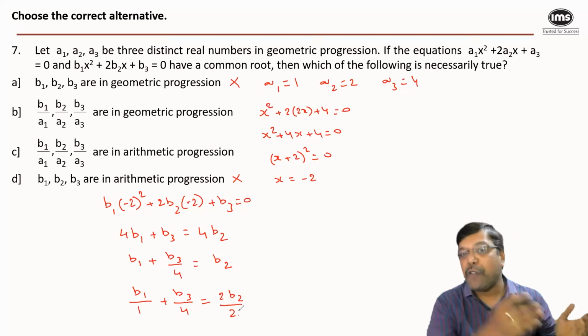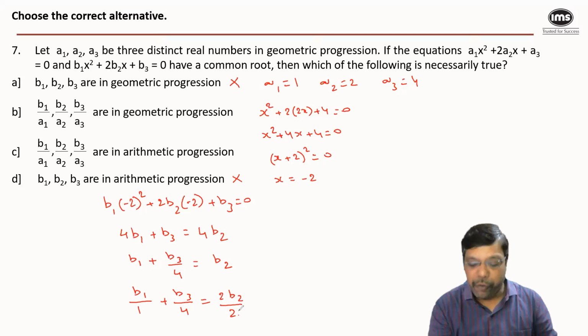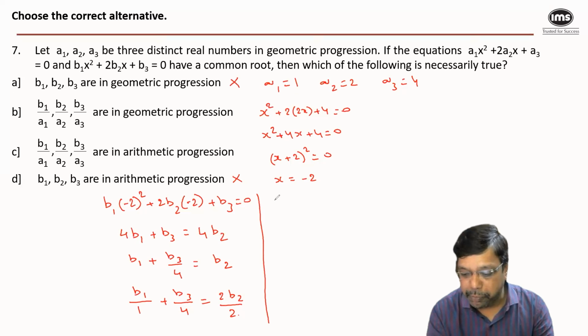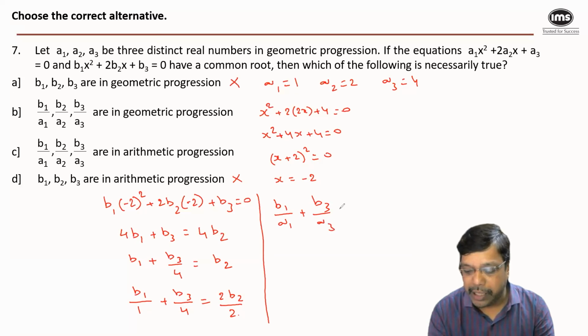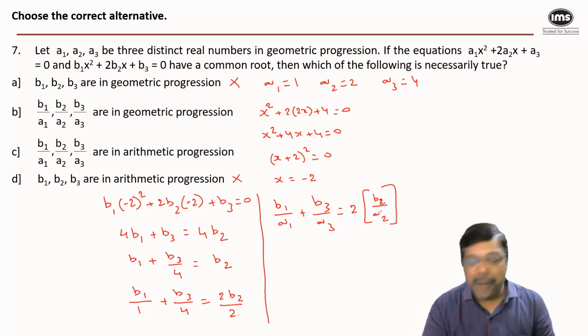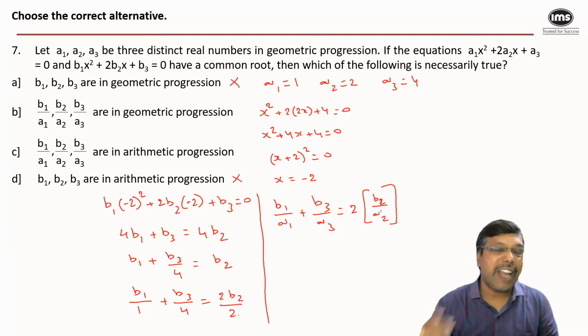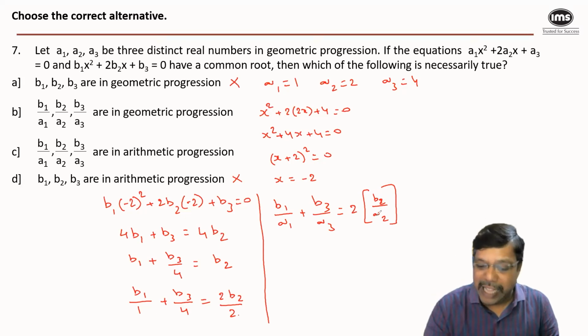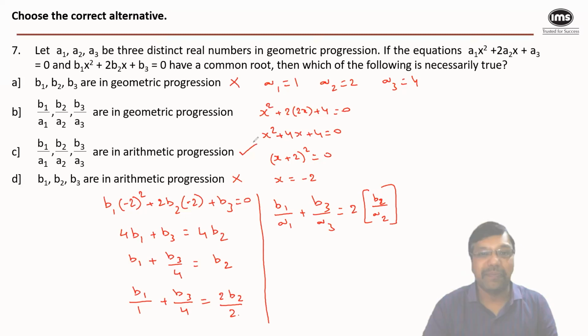Now, if you observe, we know a1, a2, a3 are 1, 2, and 4. Thereby, this equation can finally be written as b1 by a1 plus b3 by a3 is equal to 2 into b2 by a2, which sort of makes us understand that b1 by a1, b2 by a2, and b3 by a3 are in arithmetic progression. Hence, answer option C.